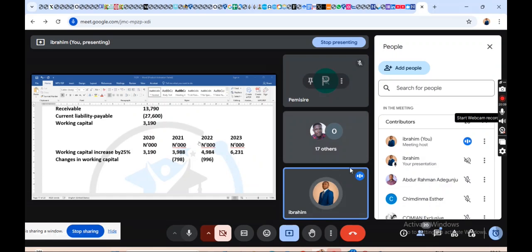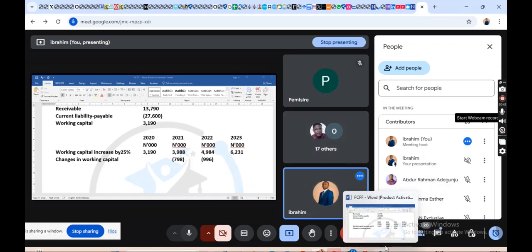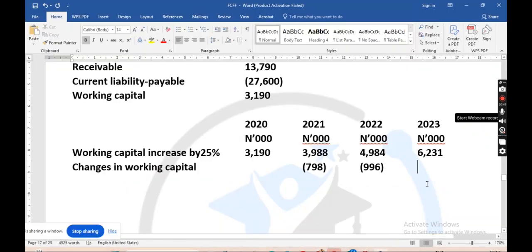Please mute your mic now. Next, what do you have? 1247. So can you see the increase?